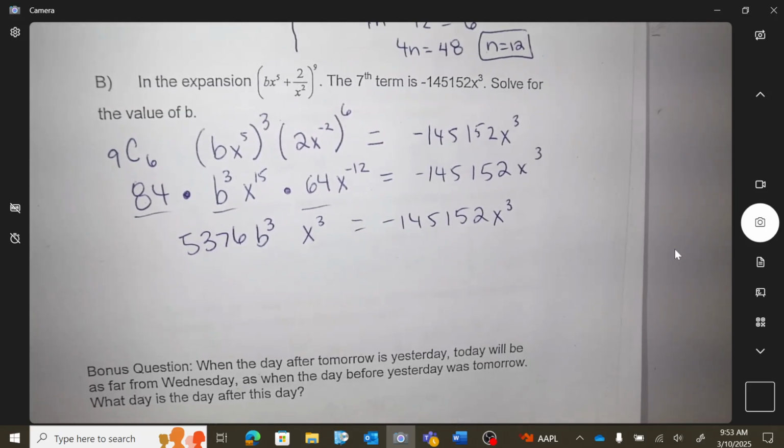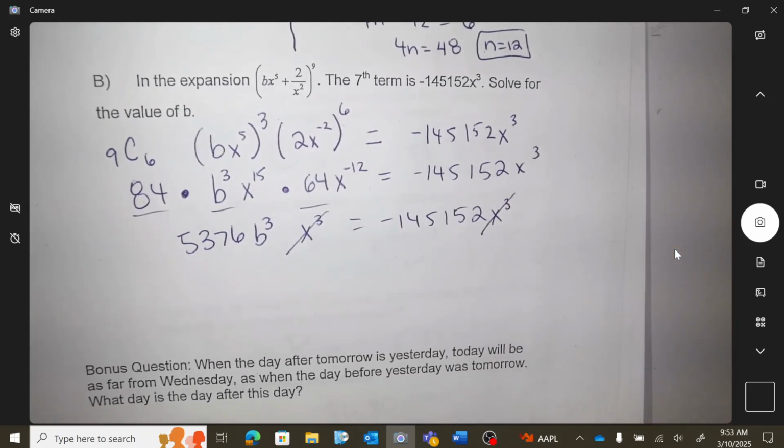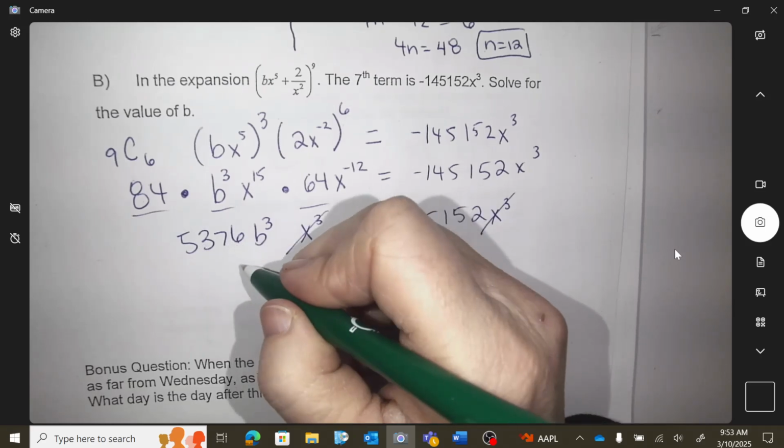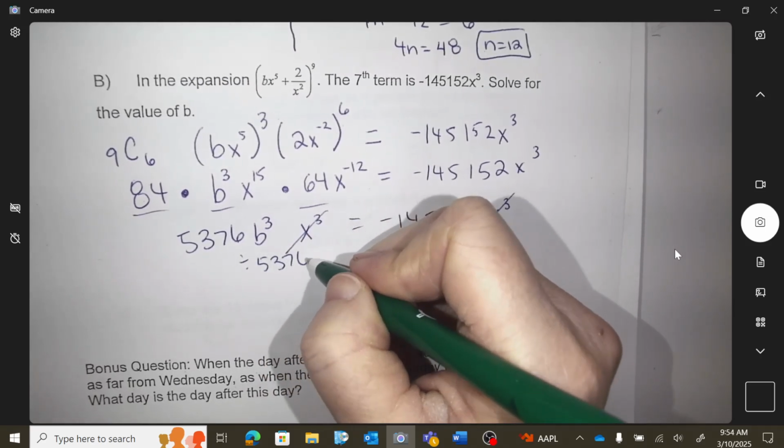Okay, we can officially divide by x^3. x cubed, gone. Can you divide by 5376?